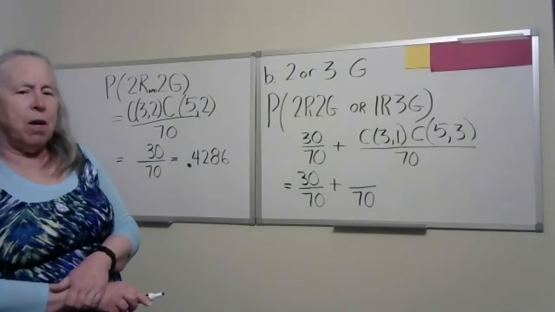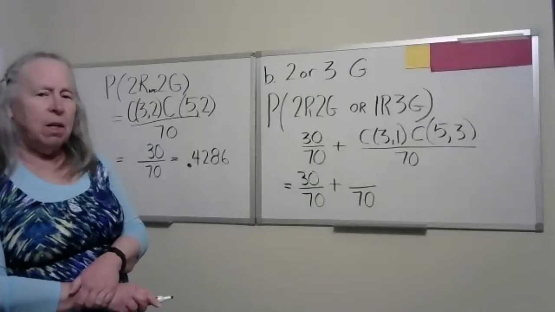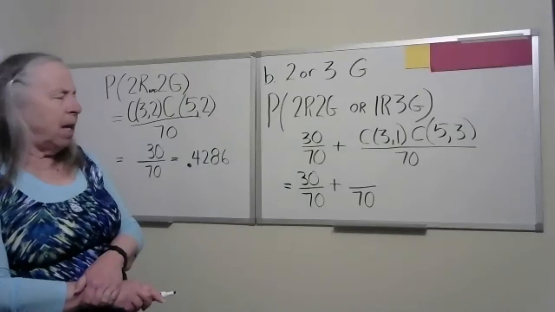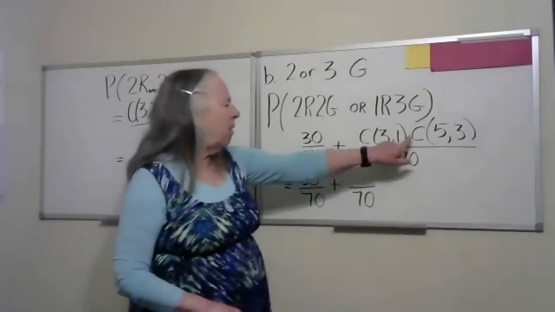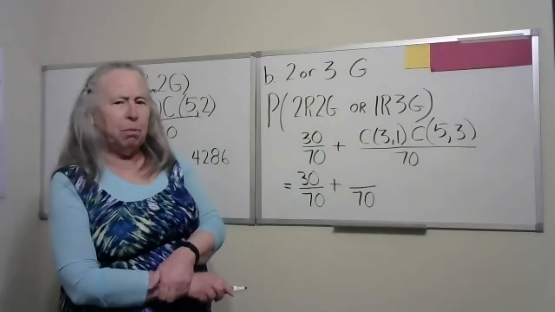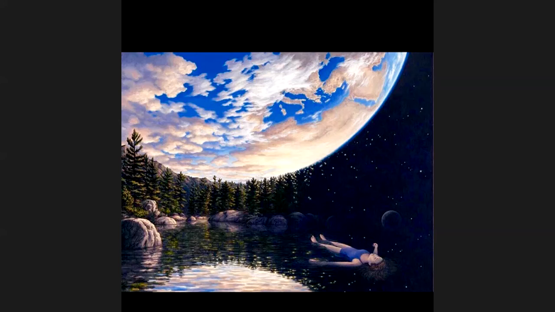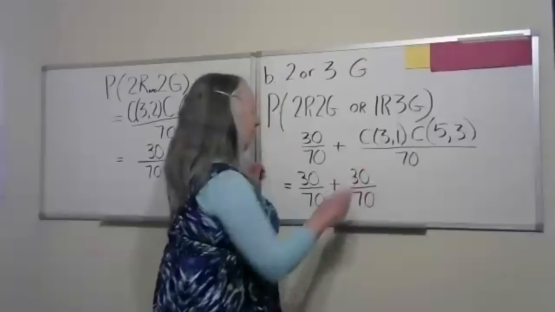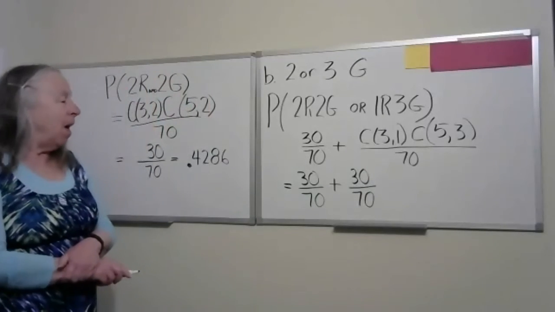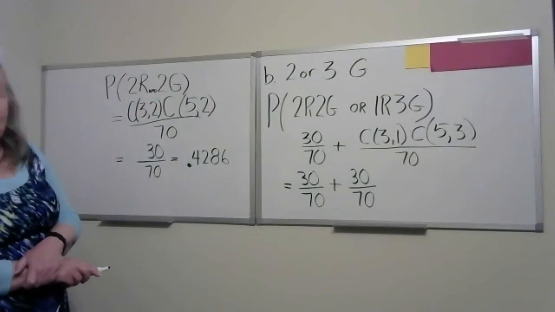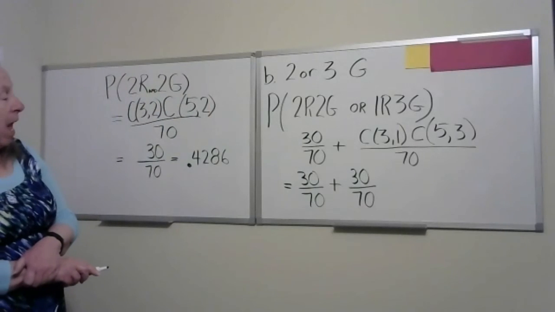Anybody else want to share their answer? I got 30 again. Yeah, 30 over 70. Jake, you want to try that again and make sure you have the multiplication sign in the right place. I thought you guys were adding them. My bad. Okay. All right. So are we all good now with that?